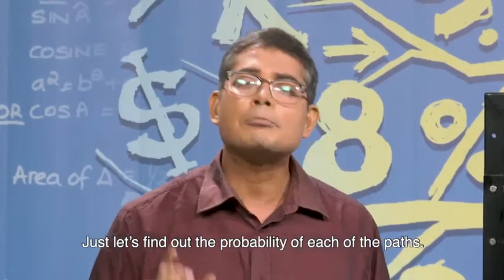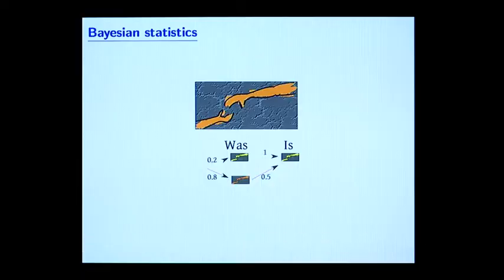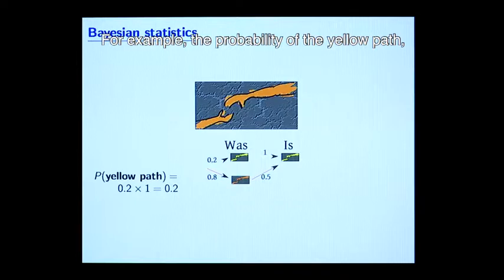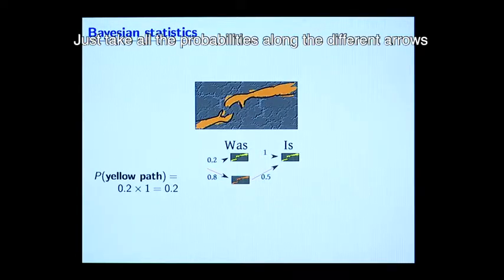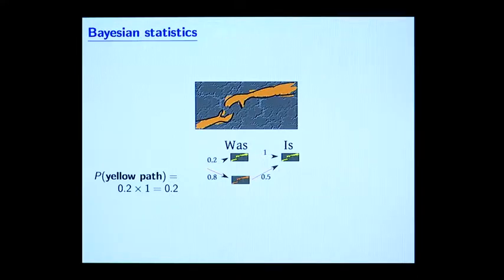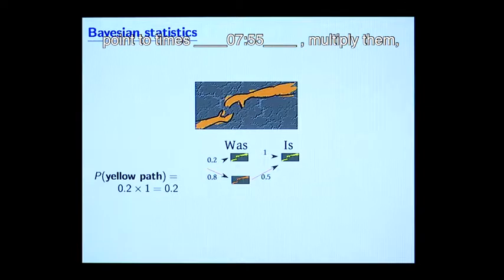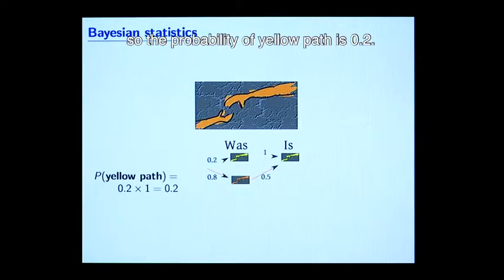Just let us find out the probability of each of the paths. For example, the probability of the yellow path, how do you find it out? Very easy, just take all the probabilities along the different arrows in that path, 0.2 times 1, multiply them. So, the probability of the yellow path is 0.2.